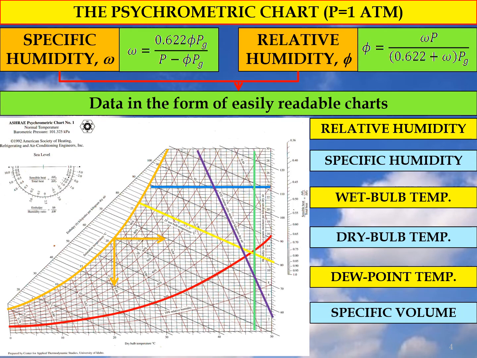Specific volume, this is the specific volume line, and the last one is the enthalpy line, which is shown by the brown line. So let's say we have two parameters, specific volume and enthalpy. If we have these two values, regardless of which parameters, we can know the rest of the information based on just this psychometric chart.